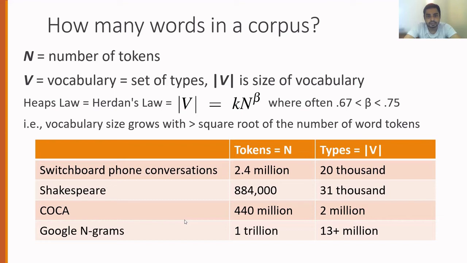And if you combine the two, probably somewhere not quite the sum of the two, but some larger number. But if you look at the Google Ngram, we have 13 million. And of course, some of those are probably URLs and email addresses. But even if you eliminate all of those, the number of words in a language is very large. Maybe there's a million words of English language.